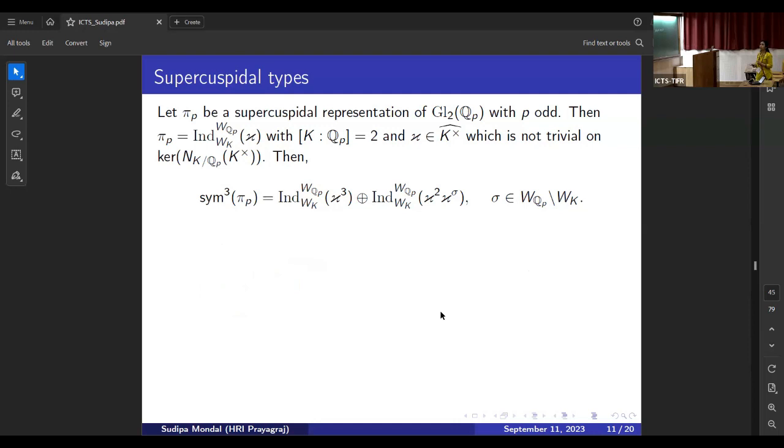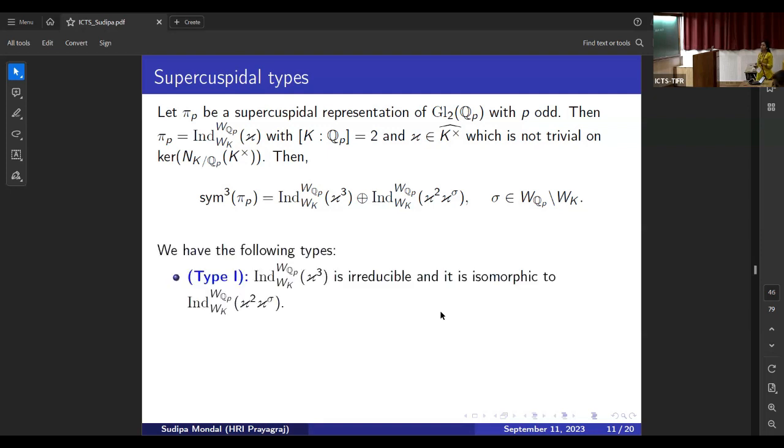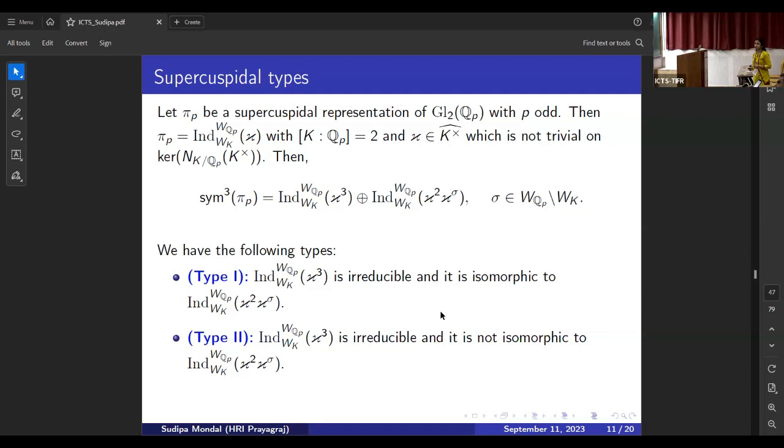And depending on the reducibility and irreducibility, we say that the representation Sym cube pi p is of type 1 if this is irreducible but isomorphic to this one. We say that Sym cube pi p is type 2 if it is irreducible but not isomorphic, and otherwise we say Sym cube pi p is of type 3. That means this is reducible.